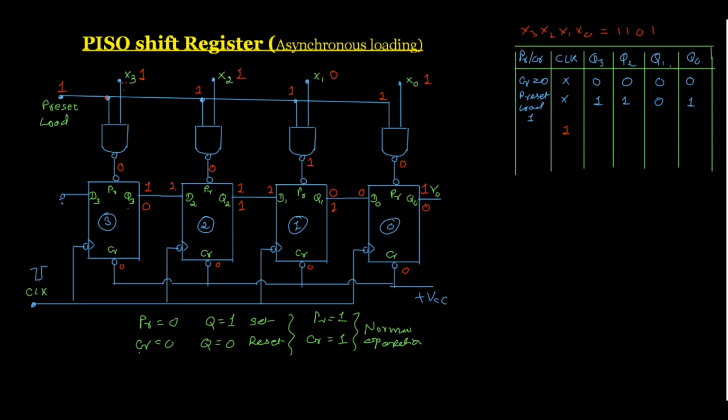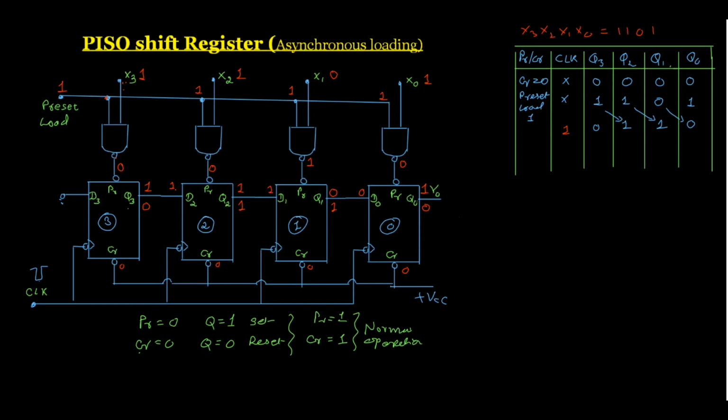And here the Q3 is 0. Q1 will be a 1. And the Q0 is also 0. This one is 1. This is going to be 1 and 0. So here you can see that the Q3 is transferred here, the Q2 is transferred, and the Q1 is also transferred.